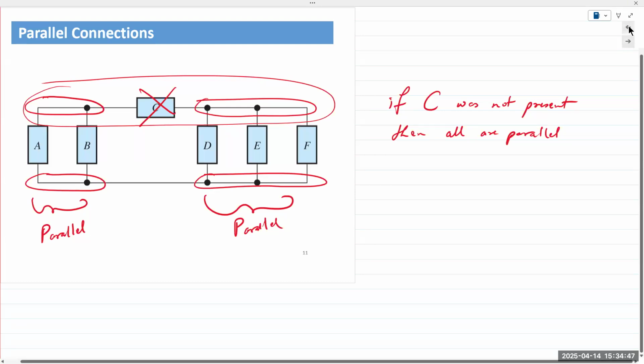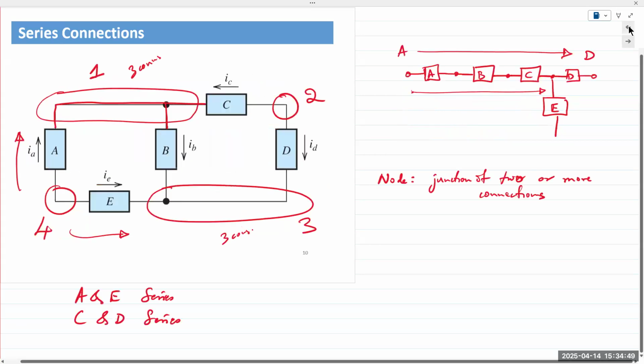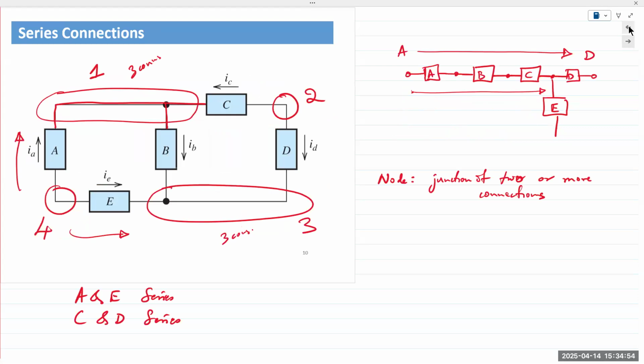There was one case I wanted to talk about. If you have a series connection and we have a component E that is connected between C and D, I stated that if you have a third or more connection where there was previously a series connection, then the series connection is broken and those components are no longer in series. There is an exception to that.